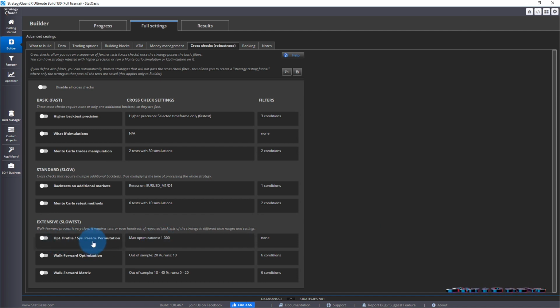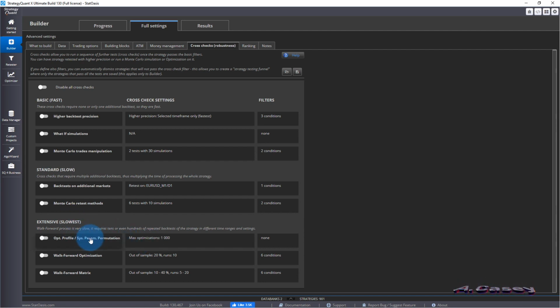Now, this system parameter permutation was invented by a gentleman named Dave Walton, and he actually won a prize for it because it's really a good way to vet strategies. That doesn't mean it's perfect. You need to understand how to use it. It's like any other tool. If you use it correctly, then it's really helpful. And if you don't use it correctly, then it's not as helpful.